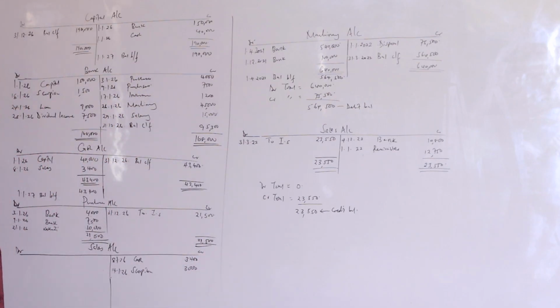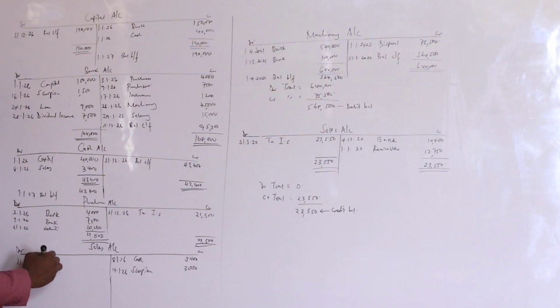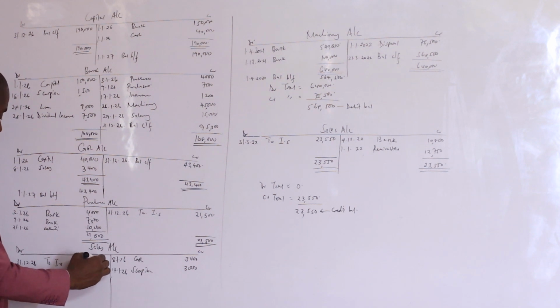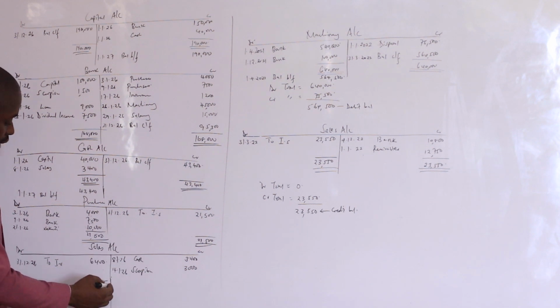Then sales account, nominal account is the last one on 31st December 2026. We have to income statement, that is 6,400. So that's how we balance these accounts.